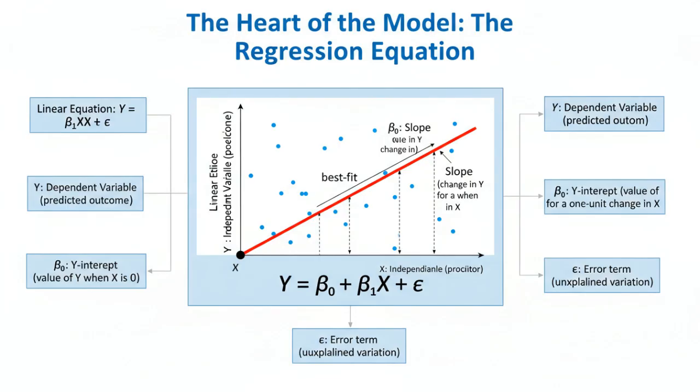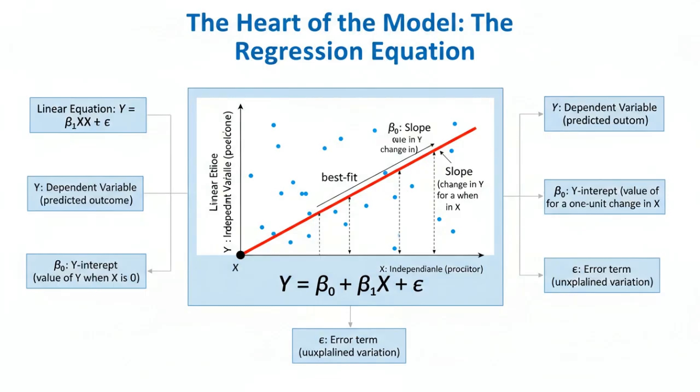At the core of linear regression lies a deceptively simple yet powerful equation. Y equals beta naught plus beta 1 x plus epsilon. Let's break it down. Y represents our dependent variable, the predicted outcome. X is our independent variable, the predictor. Beta naught is the y-intercept, indicating the value of y when x is 0.